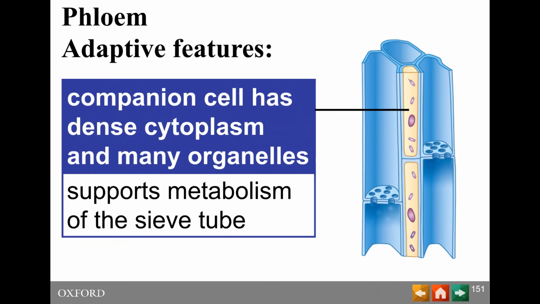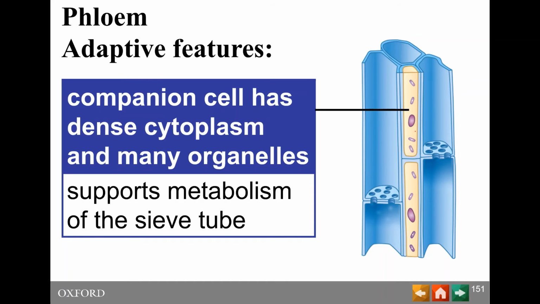Then you have the companion cells next to the sieve tubes. This companion cell has dense cytoplasm and many organelles that support the metabolism of the sieve tube.